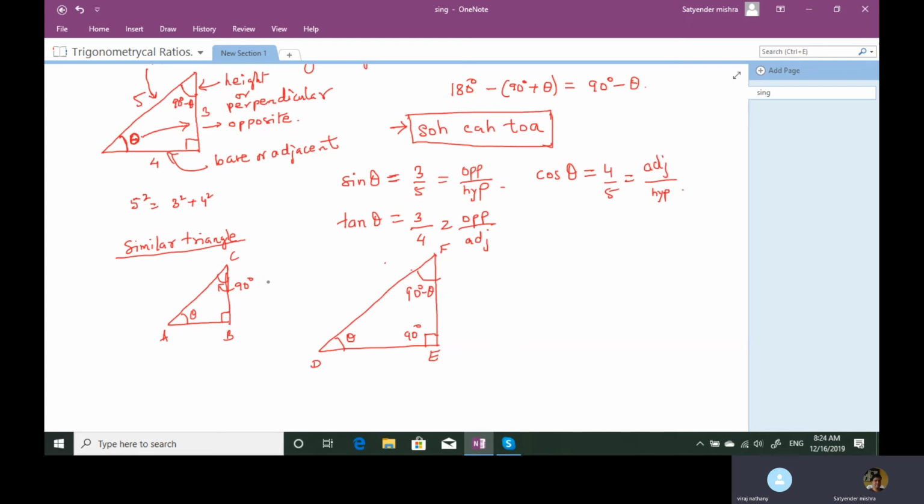Understood? So we can write that by using the similar triangles. Their corresponding sides are in ratios, right?